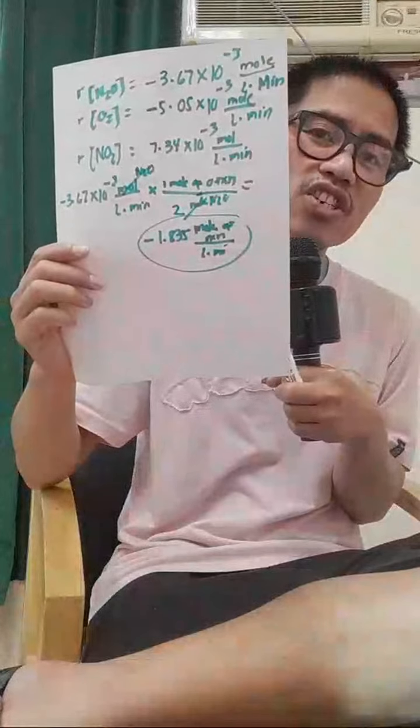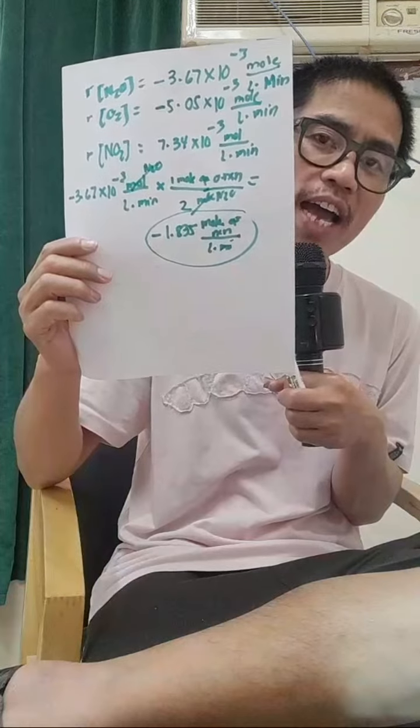The second one to prove the validity of our negative sign is that chemical reaction kinetics focuses on the reactant's concentration, not on the product. The product is used only as our basis of calculation, but never as our scientific investigative principle to prove such things. It is always the reactant. That's why our overall reaction rate is negative, which is 1.835 moles per liter per minute. So those are the two reasons. It's not enough to solve only. We need to prove why.